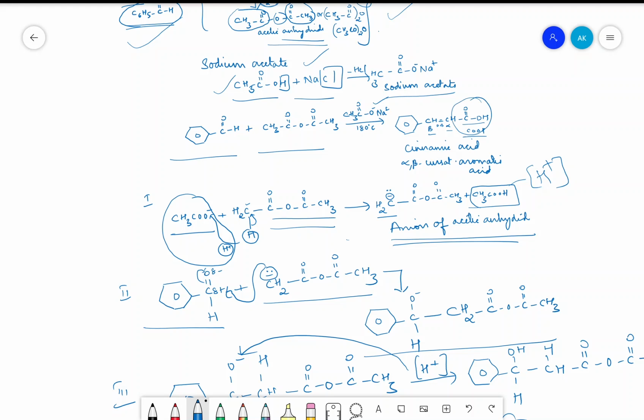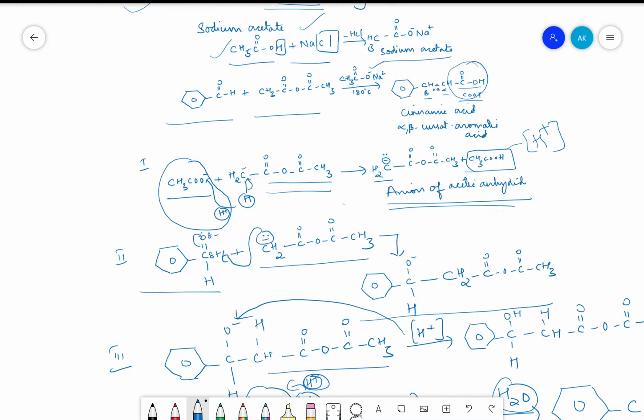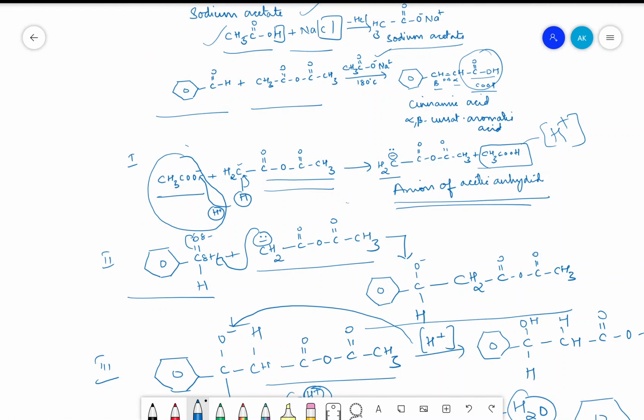the COOH group. The first step is where we use the acetate ion, that is CH3COO minus, which is going to react with acetic anhydride to form an anion of acetic anhydride.